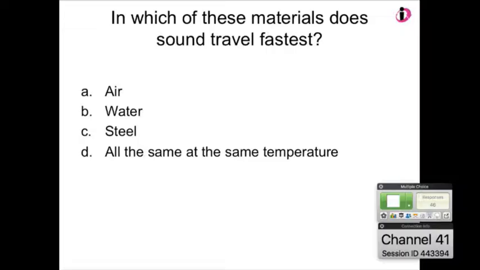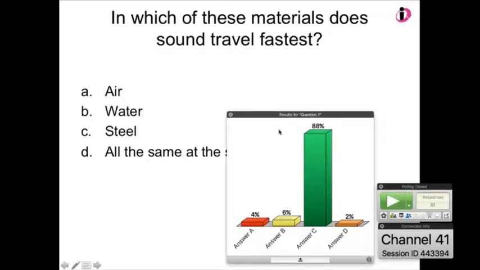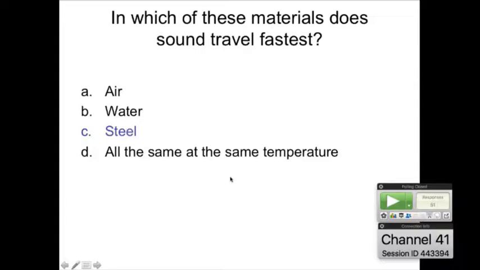All right, 10, 9, 8, 7, 6, 5, 4, 3, 2, 1. The answer is indeed C, as most of you guessed. So, talk to me, those of you that didn't get steel. Be brave. What are you thinking? Don't be embarrassed.